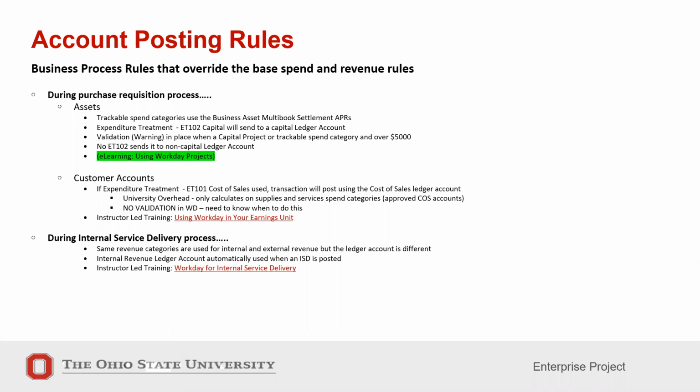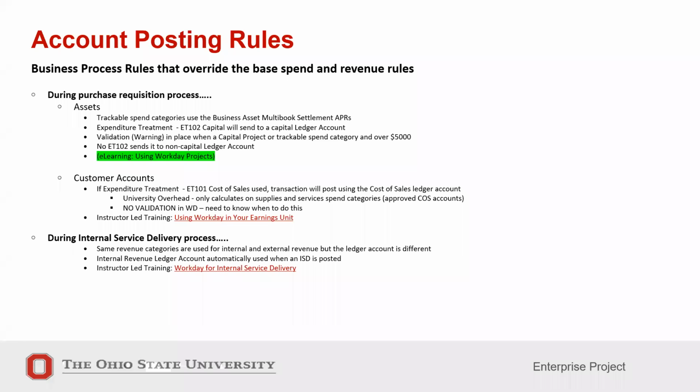And then this is then subtracted from how much the unit earned. So the user needs to know to put that ET 101 on the requisition because there is no custom validation that's going to remind them to do so.